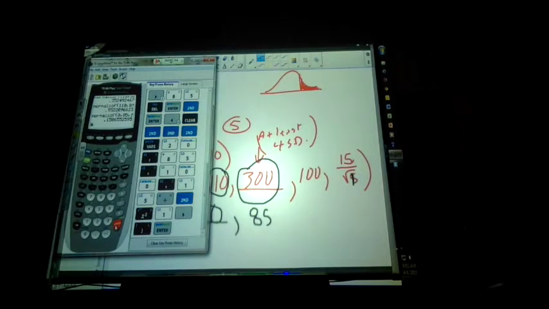Is it random? IQ score is normally distributed with a mean of 100, standard deviation 15. We are to select a sample of 5 high school students randomly. Is it random? Yes. They tell us it is. Independence is n less than 10% of the population.